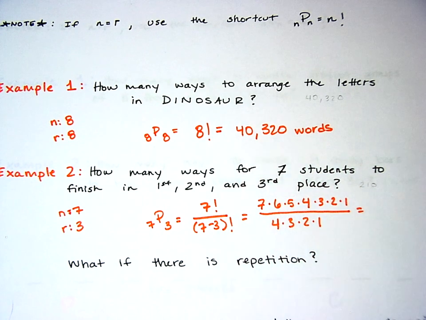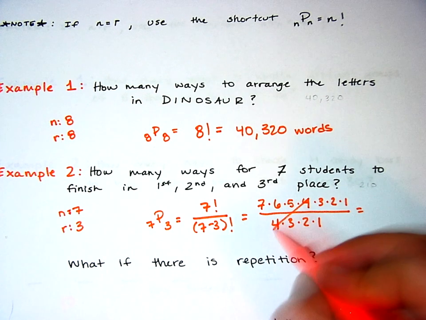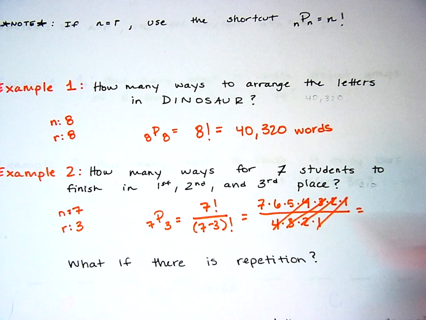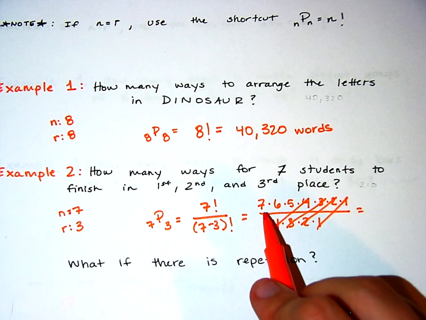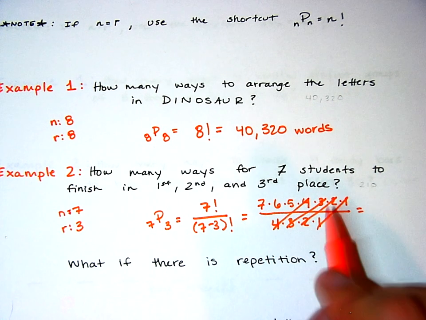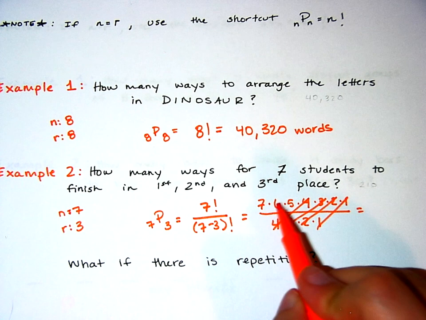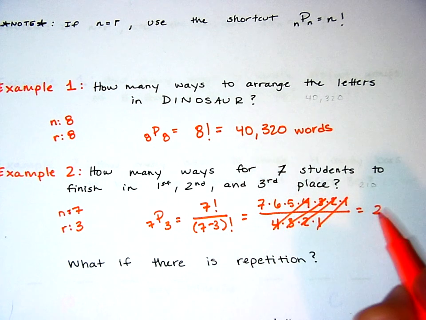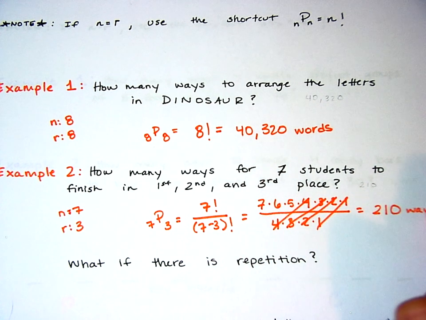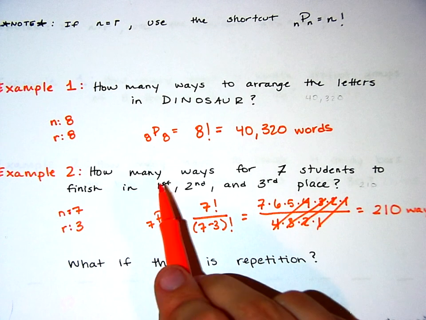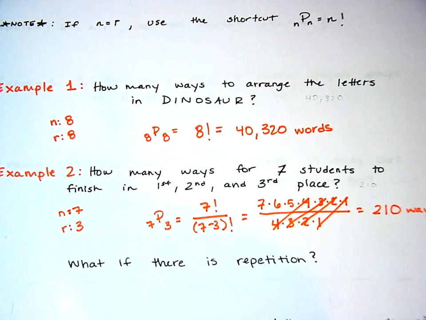So I can cancel anything that I see in the numerator and the denominator because there is multiplication between each term. So the 4s, 3s, 2s, and 1s. So the only math I have to do, in case you don't have the factorial button in your calculator, is 7 times 6 times 5. That'll give me 210 ways that 7 kids can finish in first, second, and third.